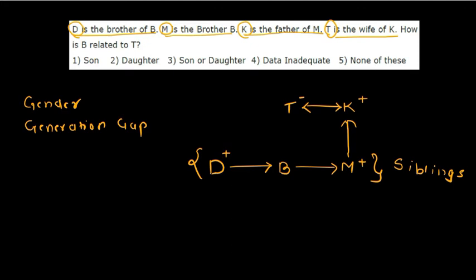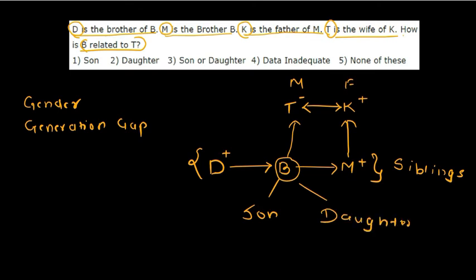So the question is, how is B related to T? Now looking at this family tree, we can see that this tree is having one father, mother and three siblings. The gender of B is not defined, so B could be son or daughter, because the gender is not identified.